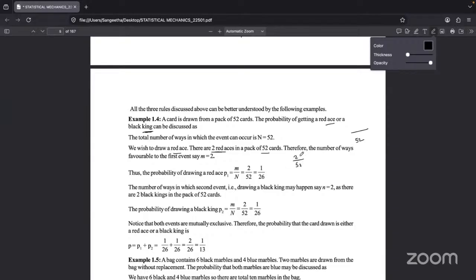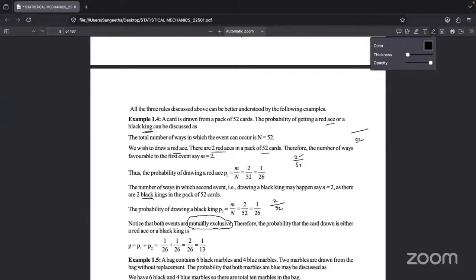In the same way, 2 black kings out of 52 cards, 2/52. So these are mutually exclusive events. Both events do not depend on one another.